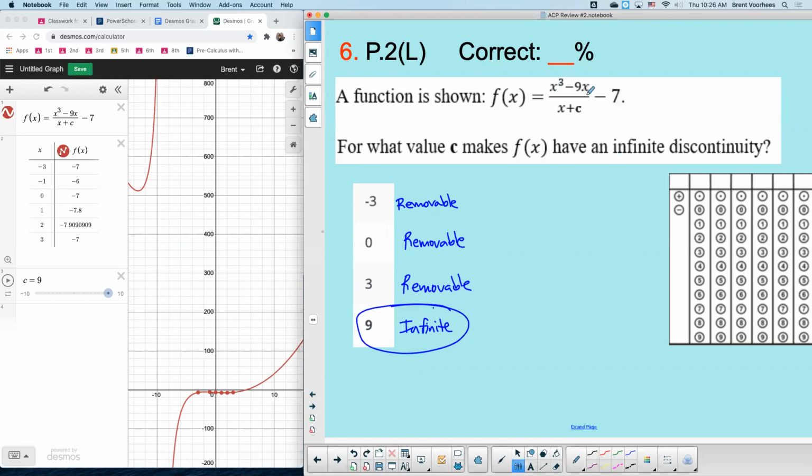Now, mathematically, what's different on these? If you factor the top, remember how you do this algebraically, I did this earlier today. I have a GCF in the numerator, so I could factor out what's shared. If I factor out the x, I'm left with x squared minus 9.